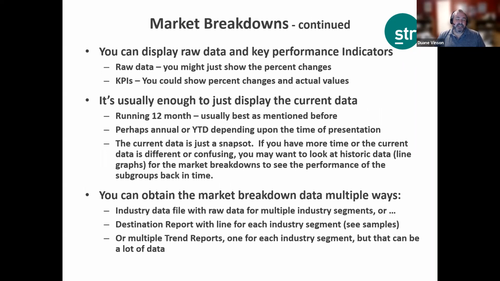Typically with these, it's good to include just the latest 12-month numbers for each segment in those categories. And because we're going to be displaying all submarkets within our market, or all classes within our market, or all scales within our market, we don't, again, want these to get too busy. So it's fine to just include the latest.